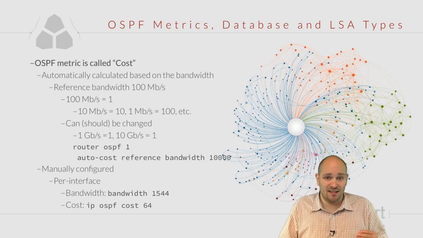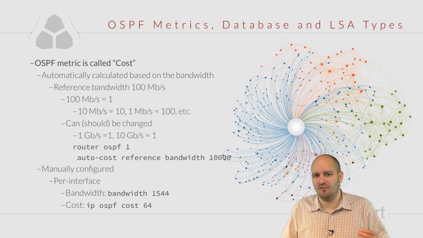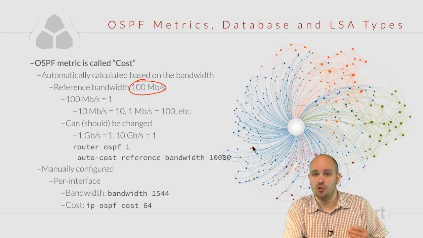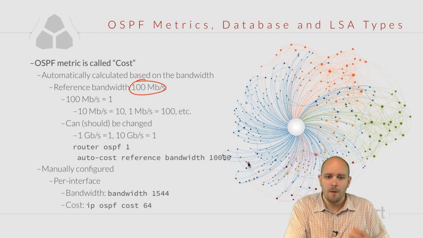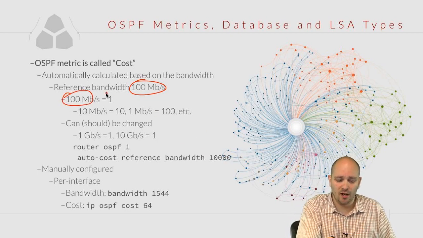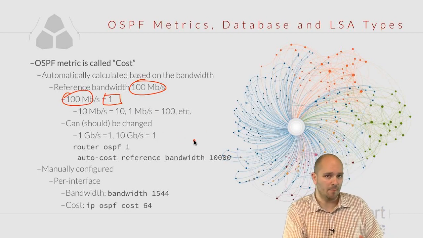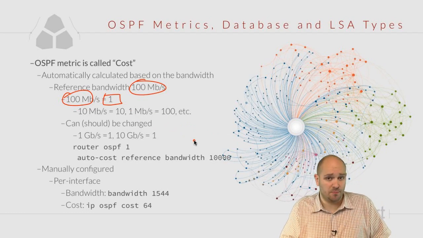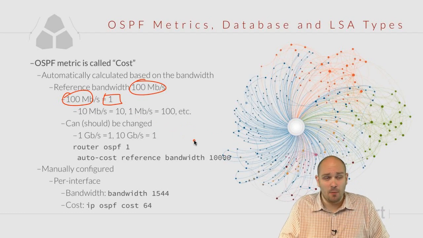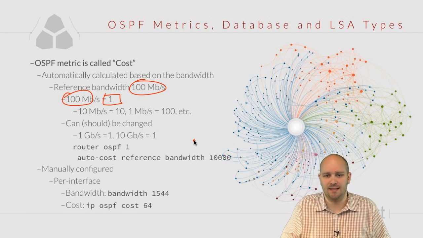There is a certain bandwidth in OSPF, which is by default 100 megabits per second, called the reference bandwidth. The reference bandwidth simply means that this bandwidth will have a cost of 1. This was fine when OSPF was originally designed, and remember, the RFC was written back in, I believe, 1998.